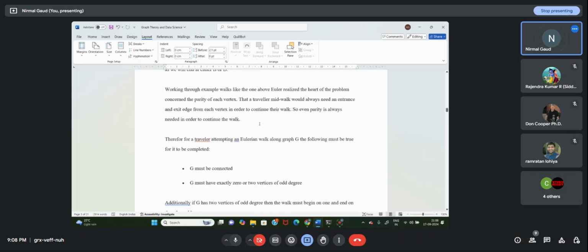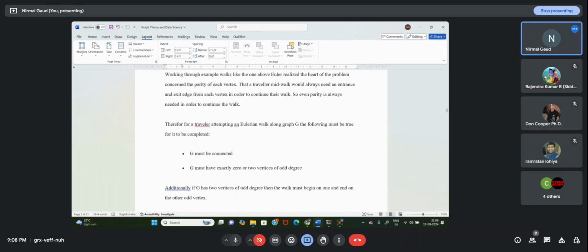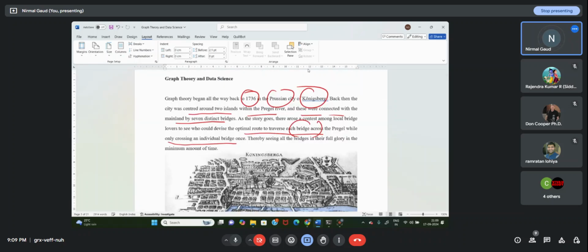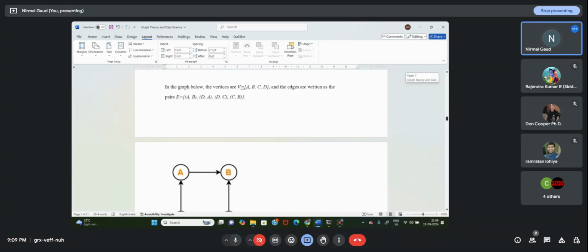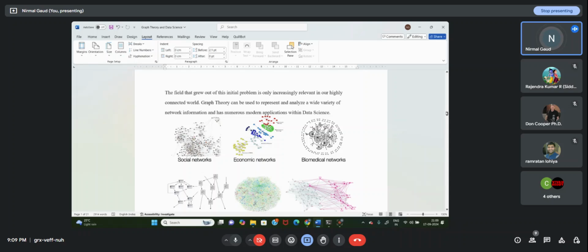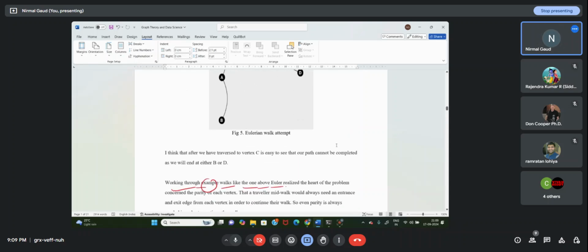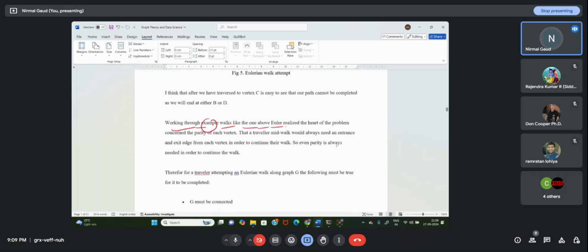Okay, so working through example walks like the one we have done. What did Euler tell about such kinds of problems? See, Euler realized the heart of the problem concerned the parity of each vertex. That's what I just introduced now about parity.